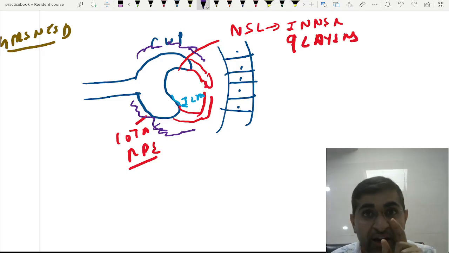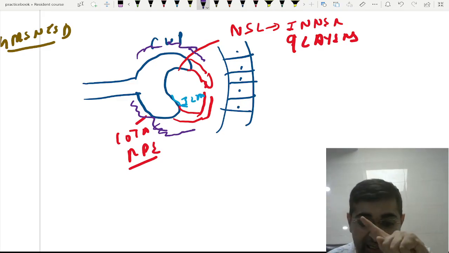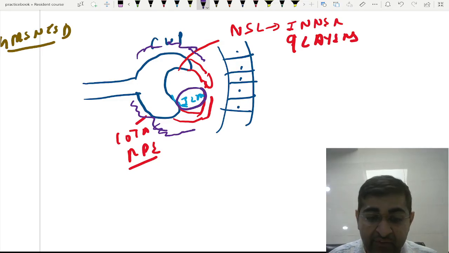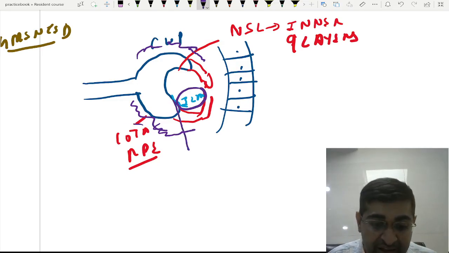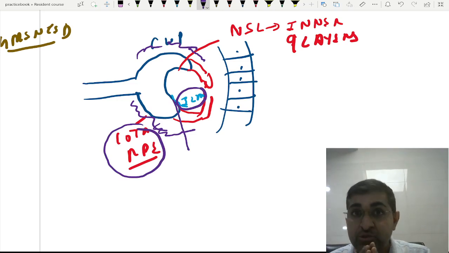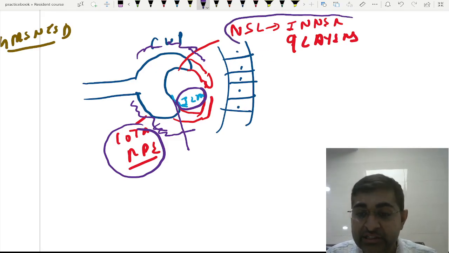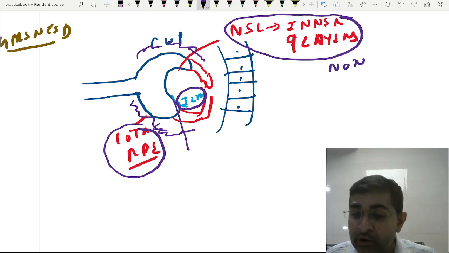Okay, now if I tell you about the 5 layers of the ciliary body, the innermost is the inner limiting membrane. Then you will say, okay sir, the 10th layer is the retinal pigment epithelium. So that actually tells you that the innermost is the inner limiting membrane. Then the 8 layers which you told will also form the ciliary body, so they will be non-pigmented and the outermost layer will be pigmented.